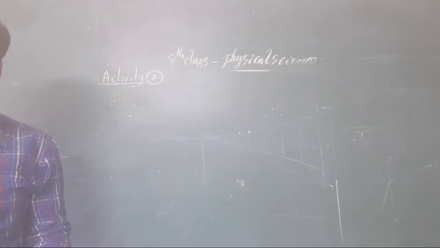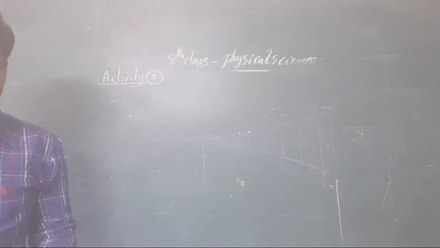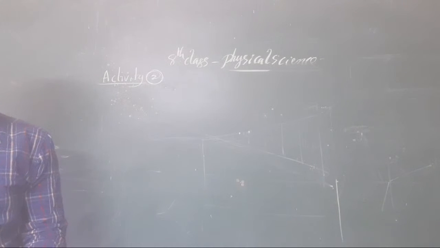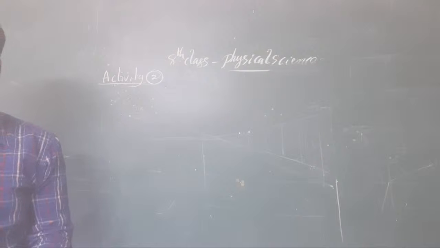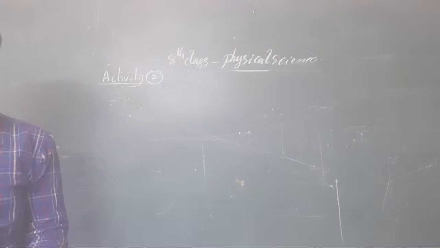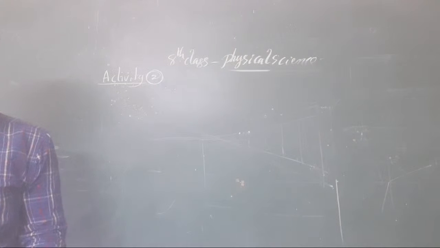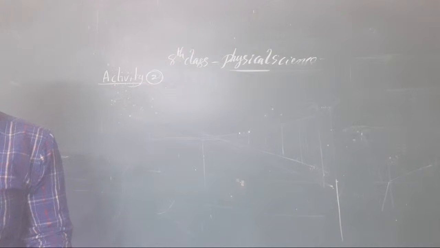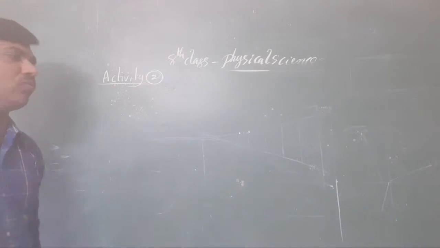Some grains are on the ground MN. If the crow wants to take a grain and reach the point B on the other tree as early as possible, in the least time, from where should the crow pick up the grains? That is what we have to discuss.